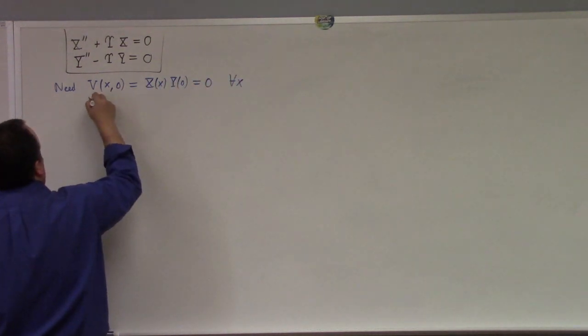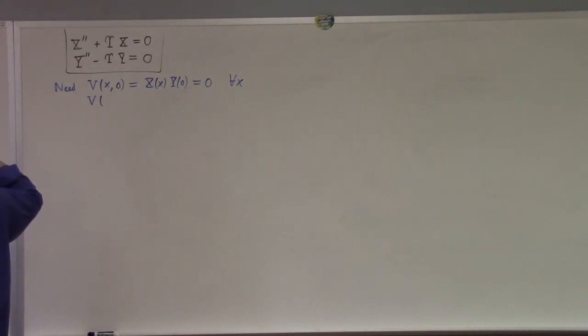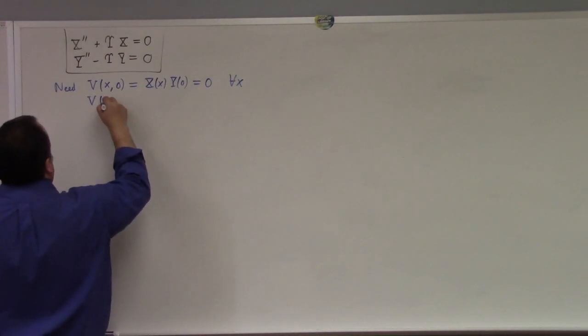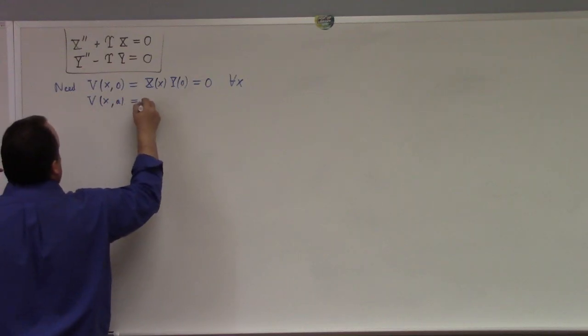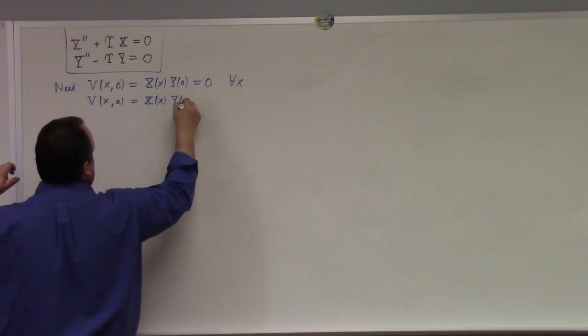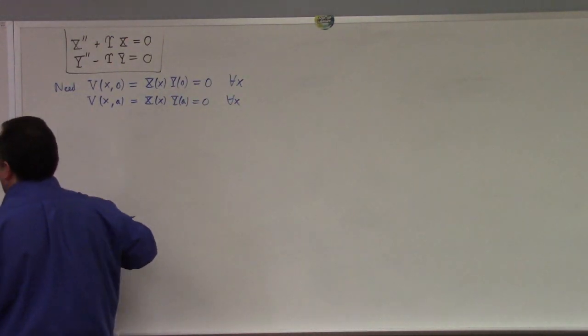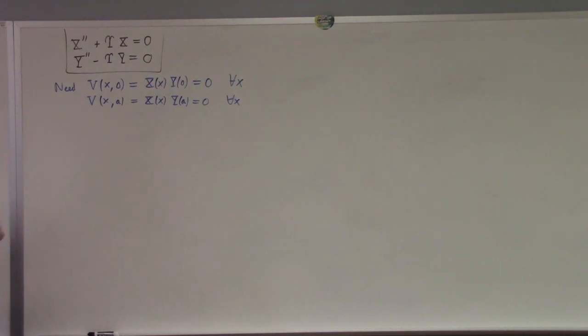We also need V of x comma a, X of x, Y of a, to be equal to 0 for all x, for my boundary conditions.